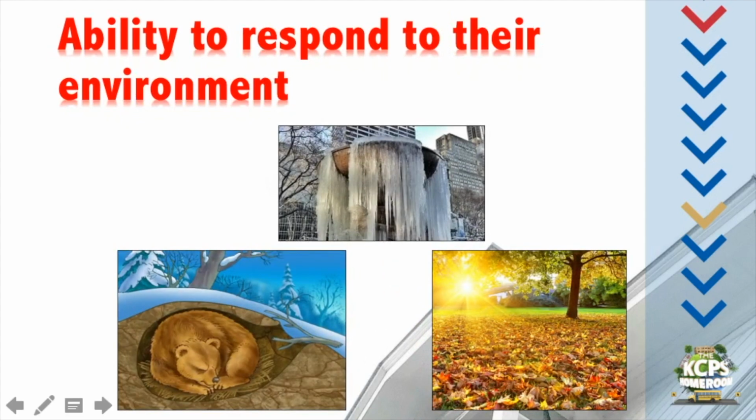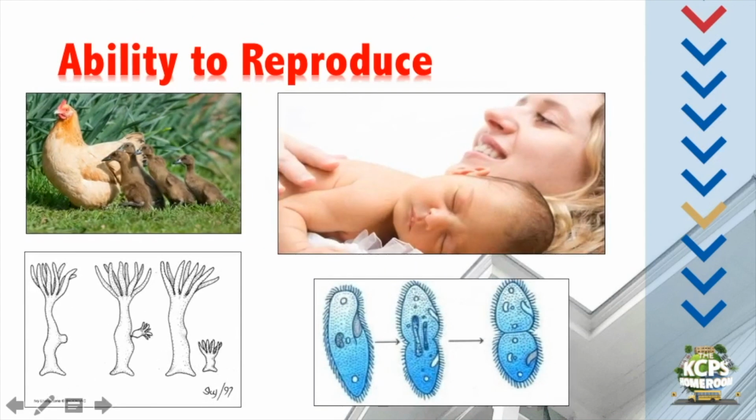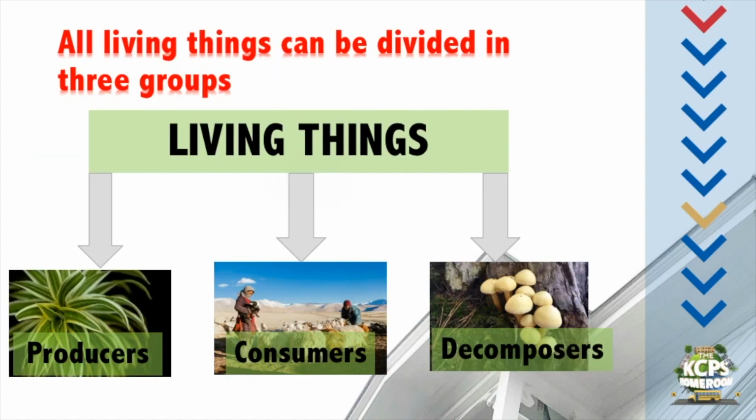In this slide, you can see an example of hibernation, a response to a changing environment such as cold weather. And they have the ability to reproduce, to have offspring. All living things can be divided into three groups: producers, which are green plants, consumers, and decomposers.